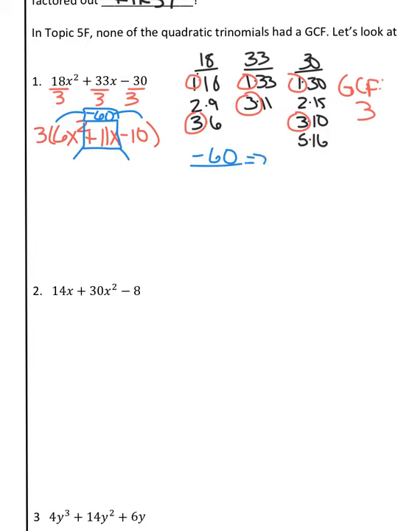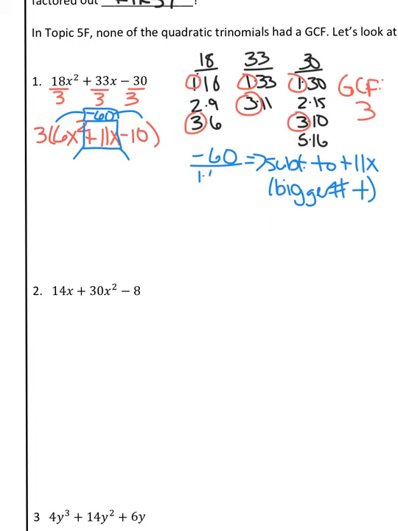Since it's a negative number, they're going to subtract to the number that's in our box, which is a positive 11x. Since we're subtracting and we need to get a positive 11x, that means the bigger number is positive. They're going to have opposite signs. The bigger one's going to be positive because we need positive 11x. That's what we're separating.